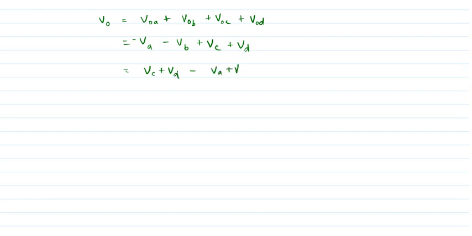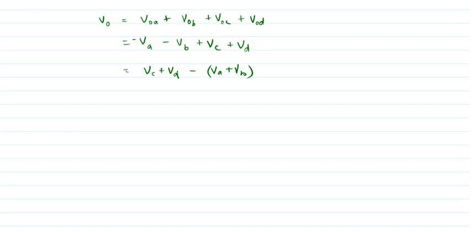VOA is minus VA, VOB is minus VB, plus VOC will be plus VC, and plus VOD will be plus VD. So we can write V0 equal to (VC plus VD) minus (VA plus VB).